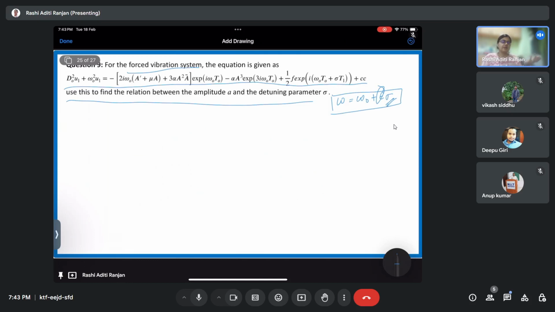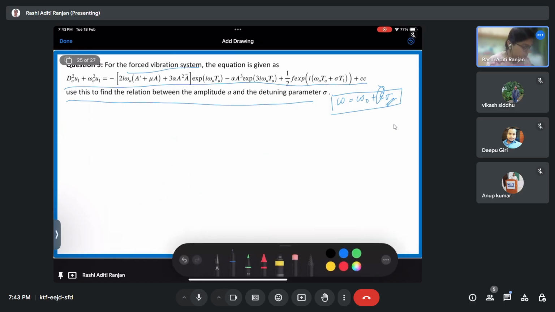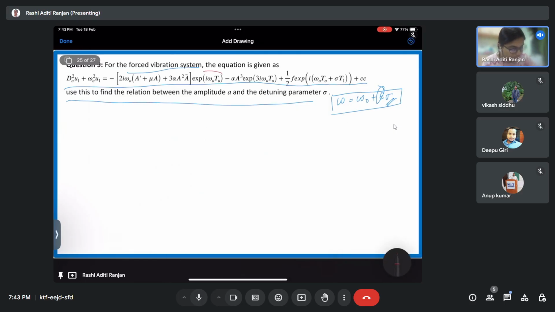So then I find out what are going to be my secular terms. If we see closely, this and this, right? Because see here, what do we have?